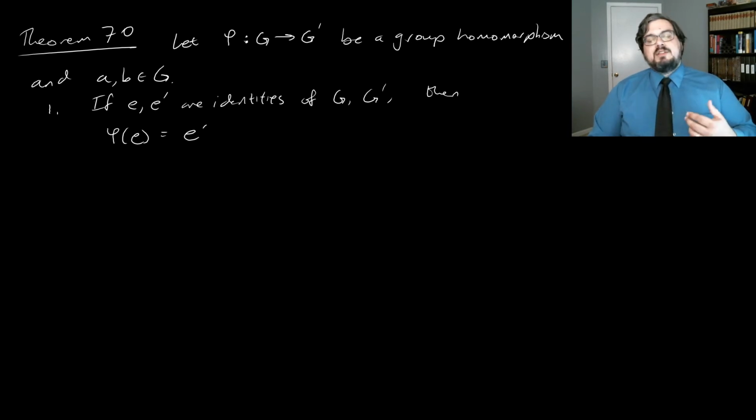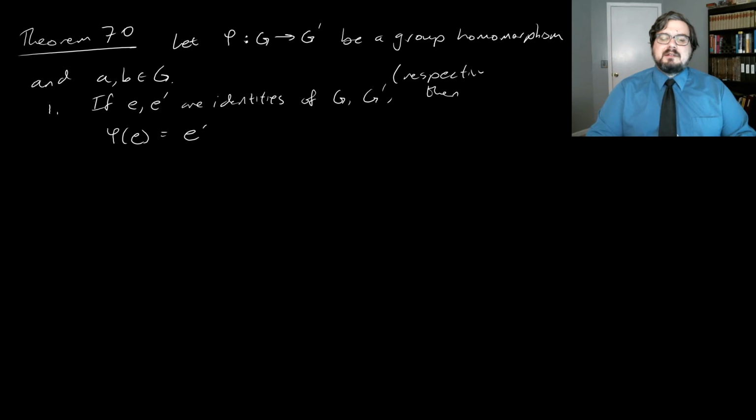So when you are dealing with more than one group at a time and you want to make reference to their identities, you must specify what your symbols mean. So as I've done here. If E and E prime are the identities of G and G prime, I really should say respectively. So E is the identity of G and E prime is the identity of G prime. Once we've done that, then we can make statements like phi of E equals E prime and have it make sense.